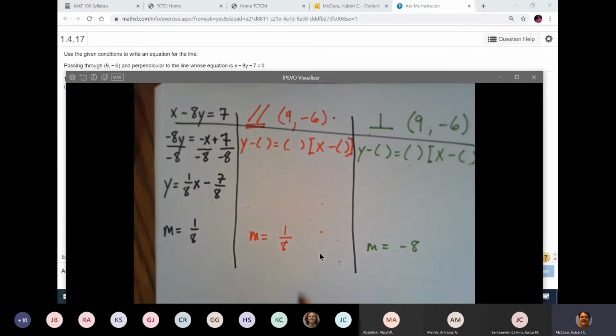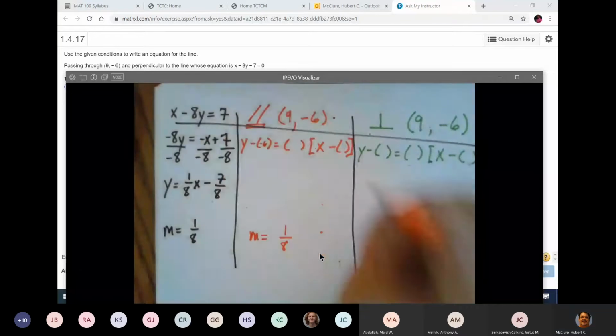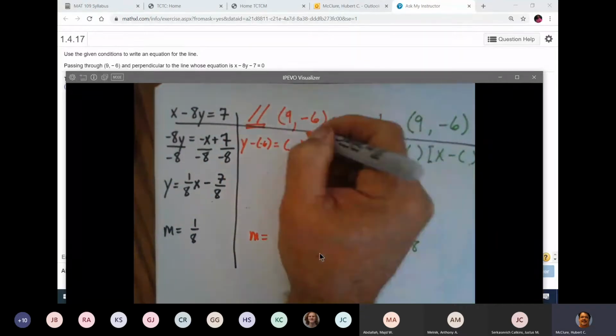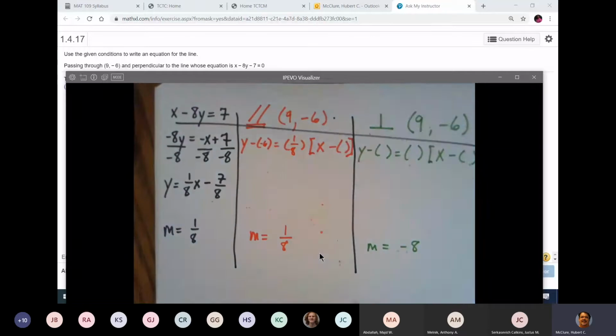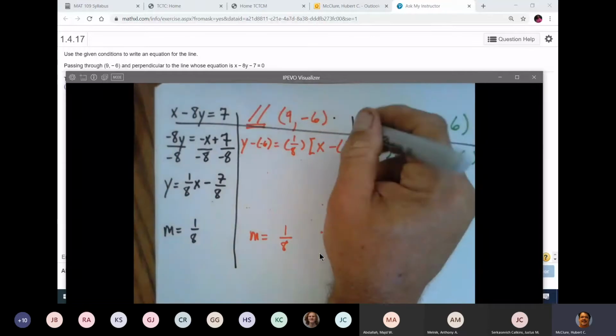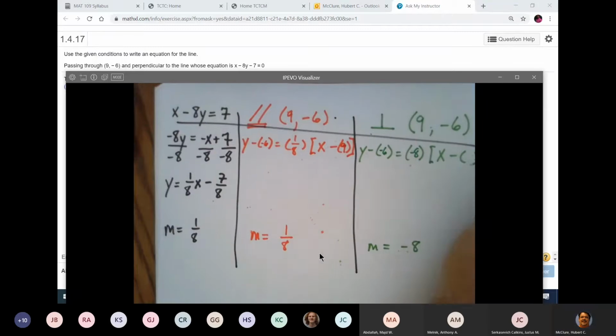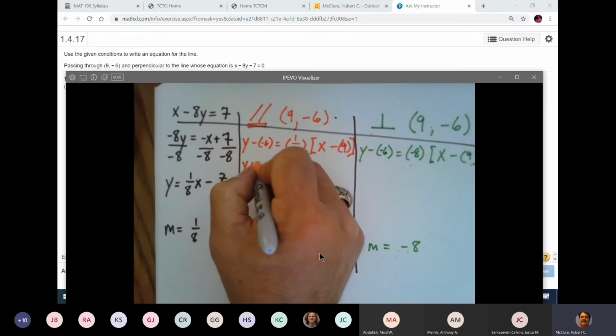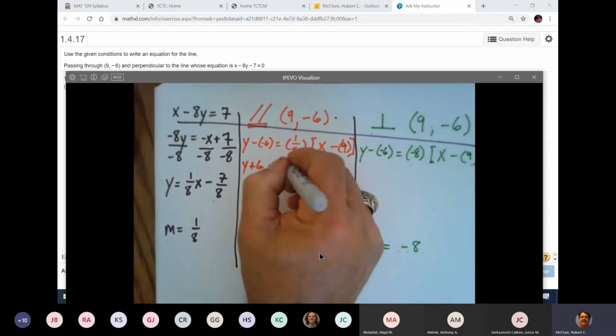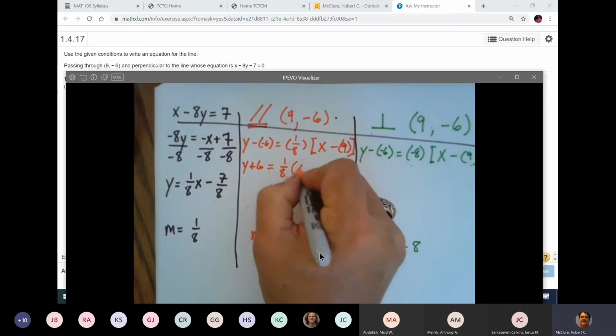So y minus a -6 is equal to 1/8 times x minus 9.